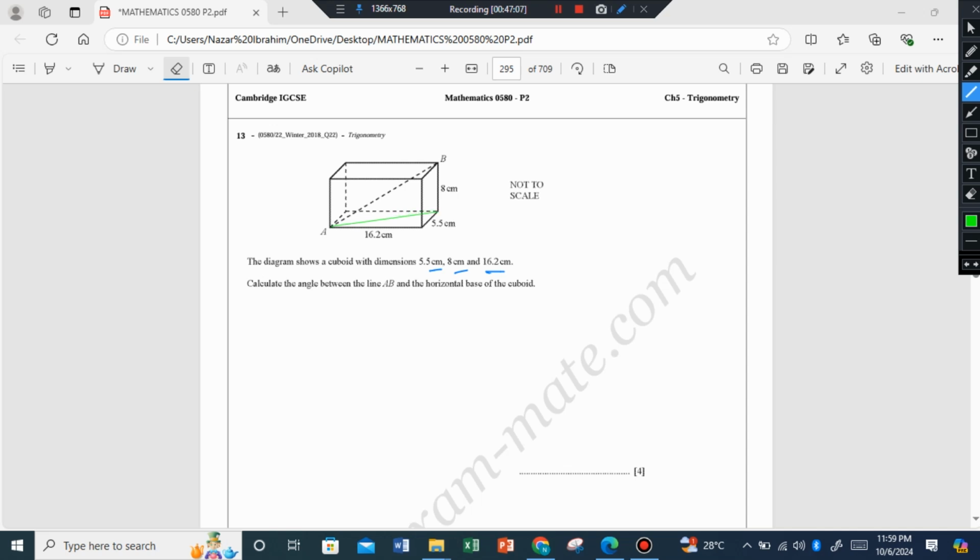The angle which I need to find is again almost known to me, that is this angle. So first, making these two triangles over here, let me name this as C and this as D.